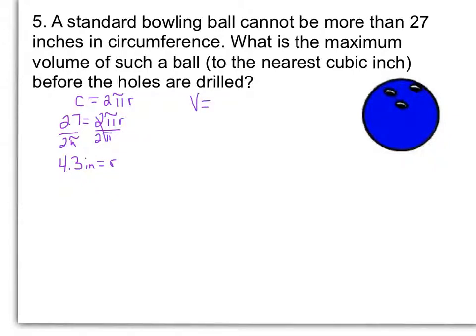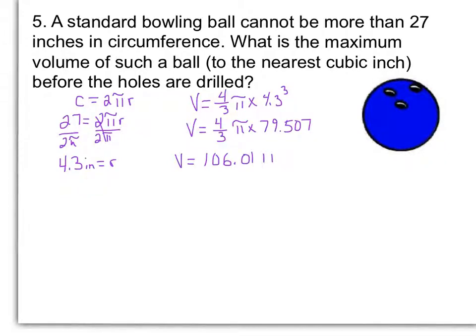Then volume of a sphere, 4/3 pi times the radius cubed. So volume equals 4/3 pi times 79.507, which is 106.01 pi inches cubed.